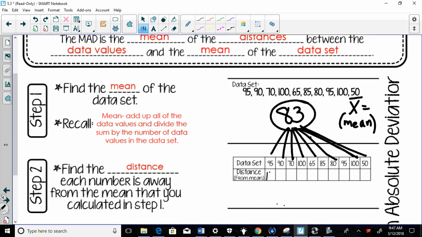Or you can go, okay, how far away is 95 from 83? 12, right? So I put 12 right here. And so you're figuring out how far away is 90 from 83? 7, and keep going. So you should have all positive numbers. Even if it's negative in your calculator, and you're subtracting them, make it positive. That's what absolute value means. So you're finding the distance from mean.